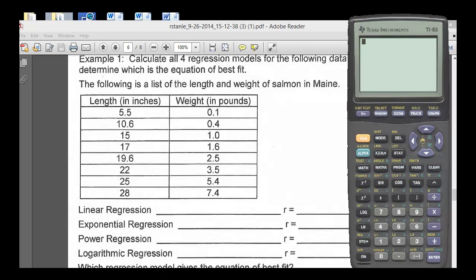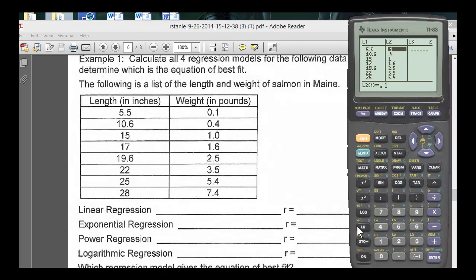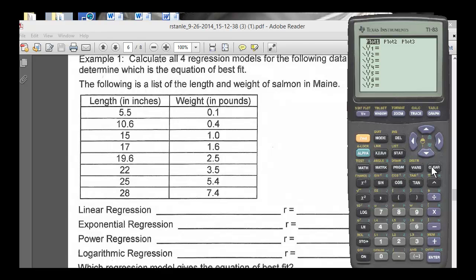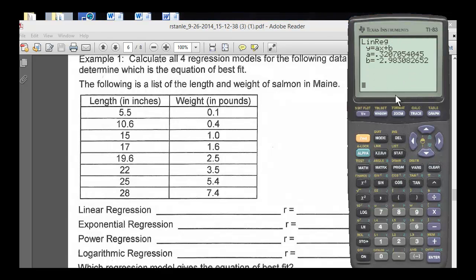Let's start with linear. Stat, Edit, List 1, List 2. Y equals, turn plot on. Clear out anything in Y. Window, Graph, we have our graph. Now go to Stat, Calc, 4, Enter. Oops, I do not have my R, so I need to get my correlation coefficient.